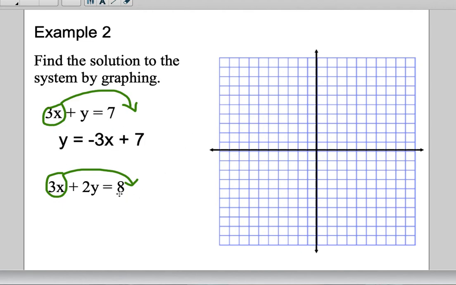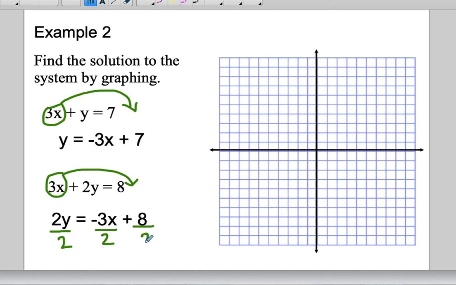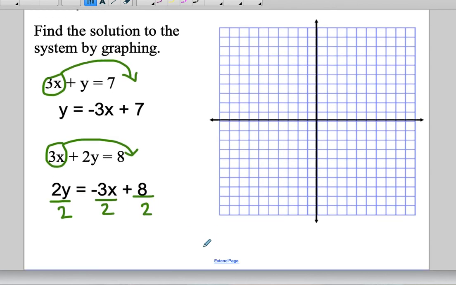When we take a look at this one here, we are going to send that 3x to the other side, and we are going to be left with 2y equals -3x plus 8. But if you notice here, y is not alone, so we need to divide out the 2 from every term on both sides of this equation.